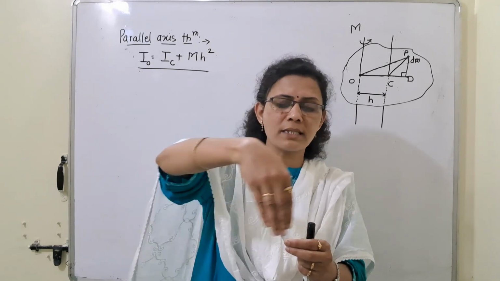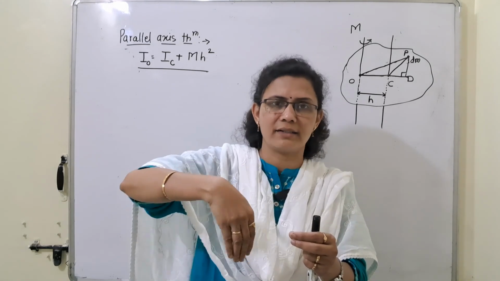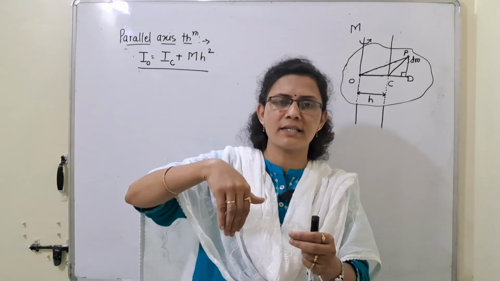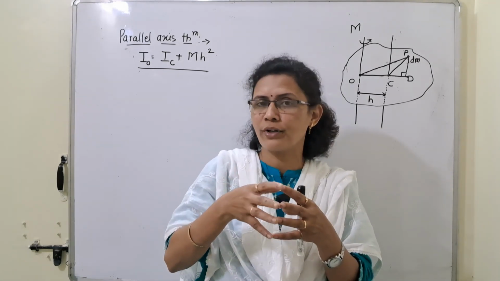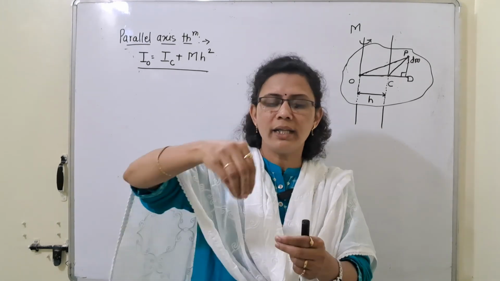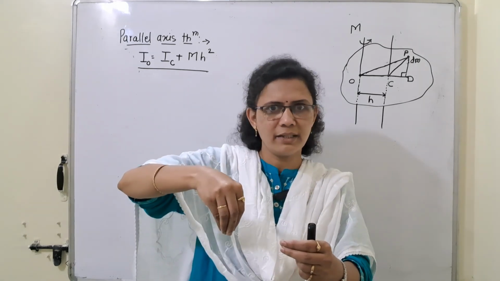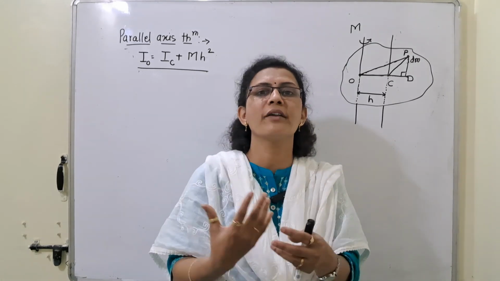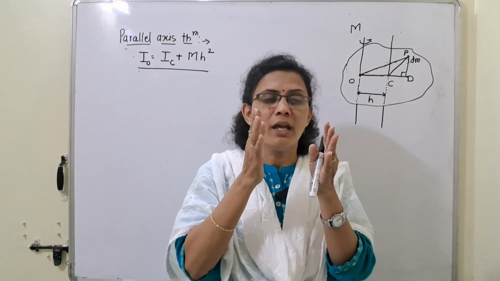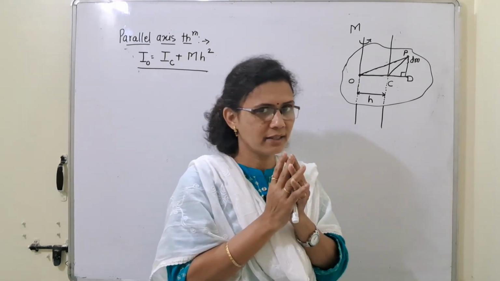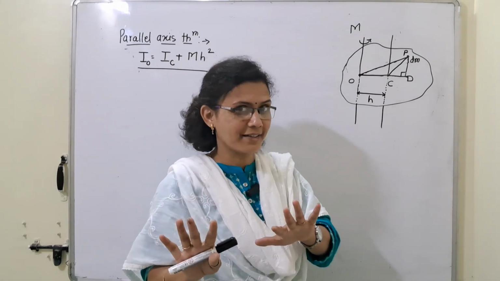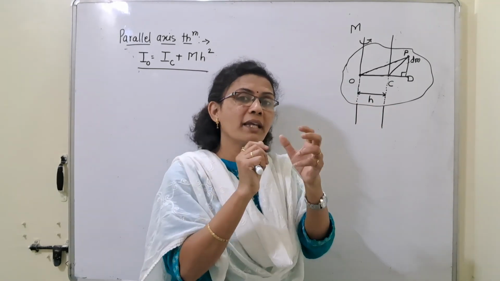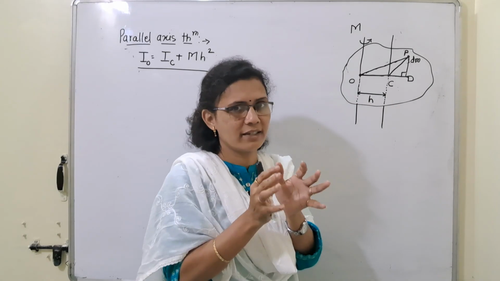Because all the mass is distributed at distance r from the center. Correct? So mass is distributed at distance r, and the moment of inertia of the ring we have taken as dm r square. Summation of that dm will be the mass of the whole ring. Therefore, moment of inertia will be mr square. We have seen that, correct? You have already studied that. We are only taking a review, or making a revision of these derivations at this time.